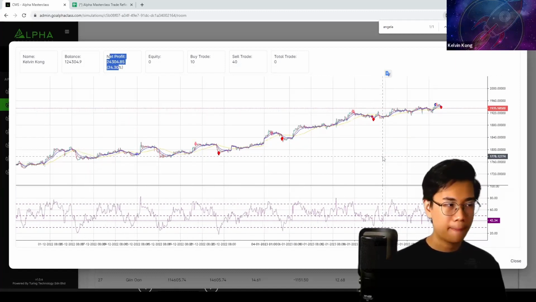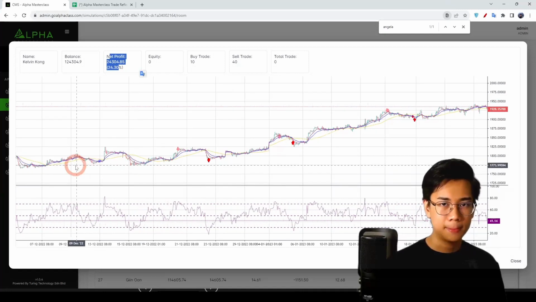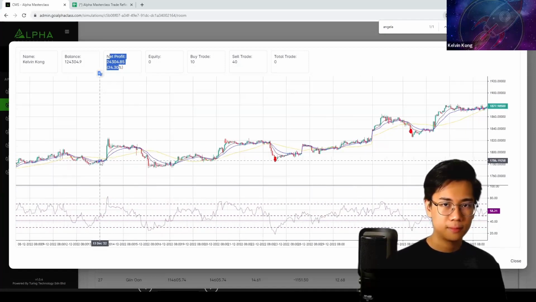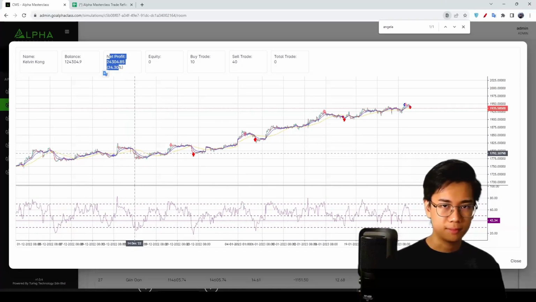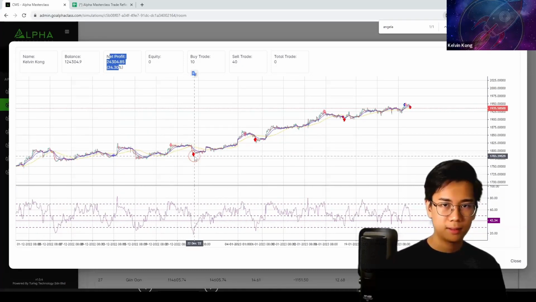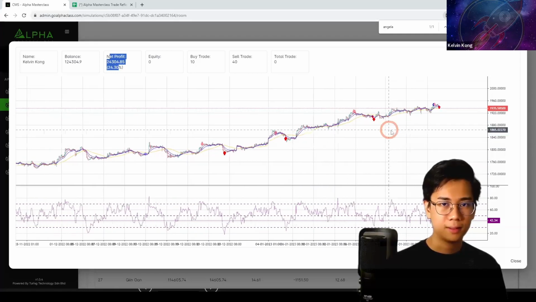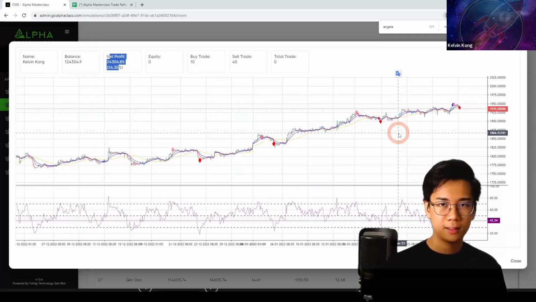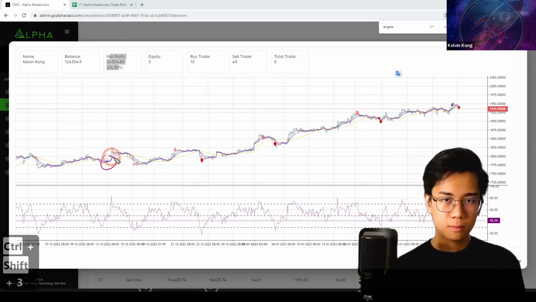Basically, I look at the RSI. When it's at the bottom, I buy lah. When it's at the top, I sell. And also the seasonal chart. Basically, the seasonal chart is all green for the months of December, January for gold.